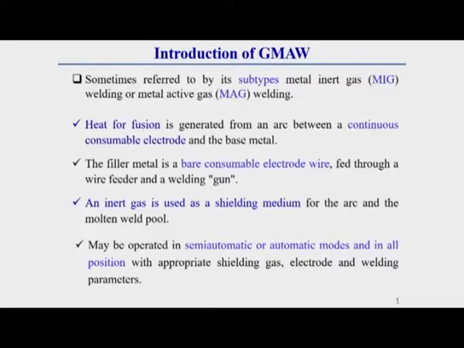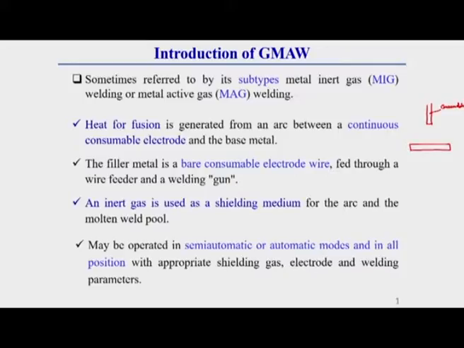Here generally heat for fusion is generated from an arc. That arc is generated between a consumable electrode and the workpiece. That means the arc is generated between the workpiece and this electrode, and this electrode is consumable.